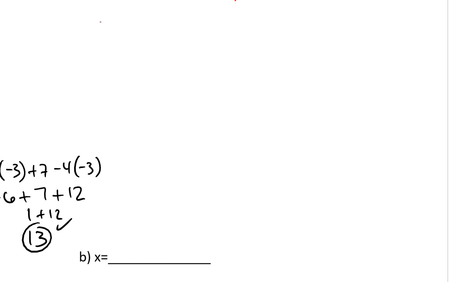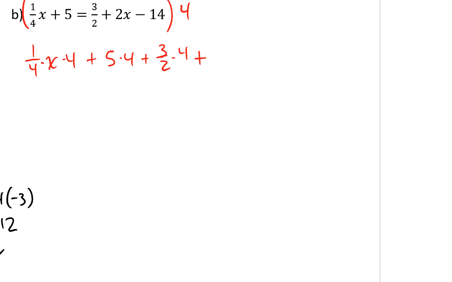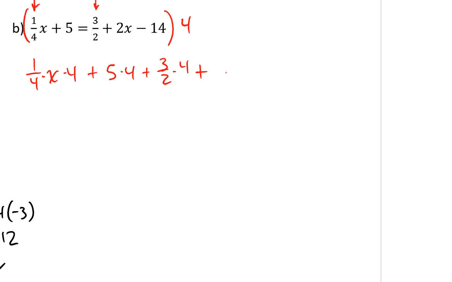So this is going to become 1/4 times x times a 4 plus 5 times a 4 plus 3/2 times 4 plus, I think I had the problem off the screen, plus 2x times a 4, and then minus 14 times 4.